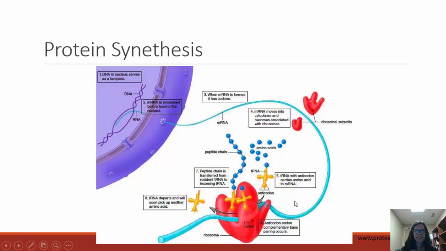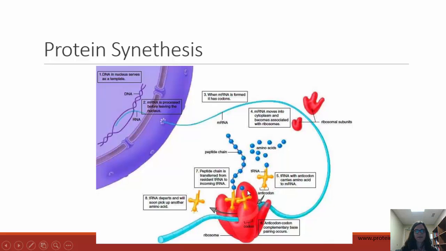And then the tRNA with the anticodon, so that's the 3-letter code that's going to match up to the RNA to show what amino acid will be docked there, carries the amino acids to the mRNA.